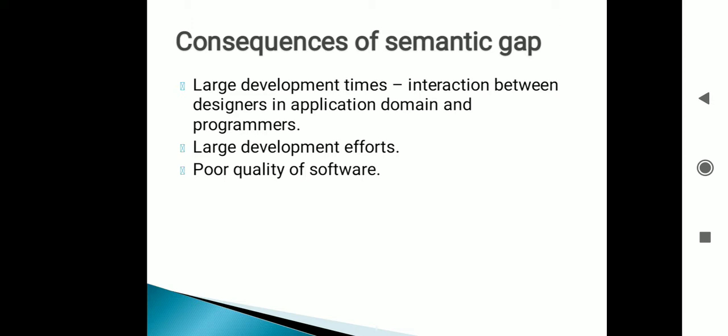Between the idea and the actual development, a vast time is required, that is the large development time. The second one is that large development effort is required, and the last one is poor quality of software.